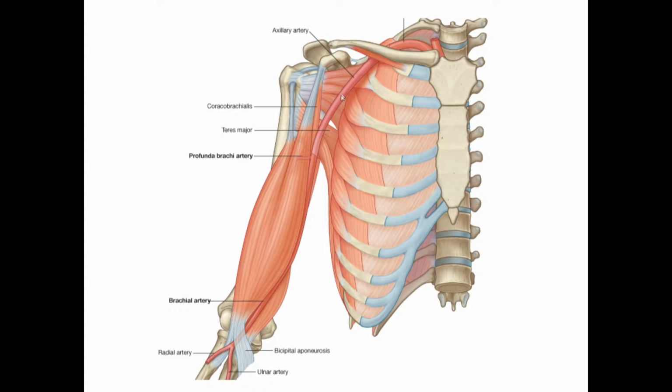To see this photo here, this is our axillary artery. After that, this is our teres major muscle, right? It becomes the brachial artery. Here it is located at our elbow joint. And at the level of the elbow joint, it becomes the radial artery and ulnar artery.